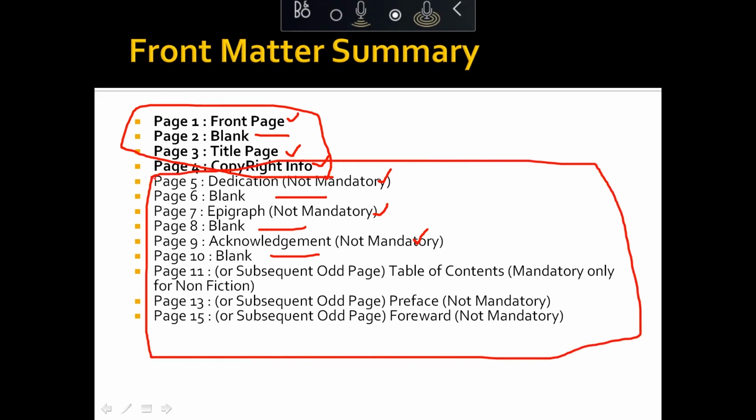You can even publish a book without a preface. You can publish a book without a foreword. You can, but table of contents is usually recommended. Acknowledgement is not mandatory. Dedication is not mandatory. Epigraph is not mandatory. And table of contents is mandatory only for non-fiction. It is not mandatory for fiction.